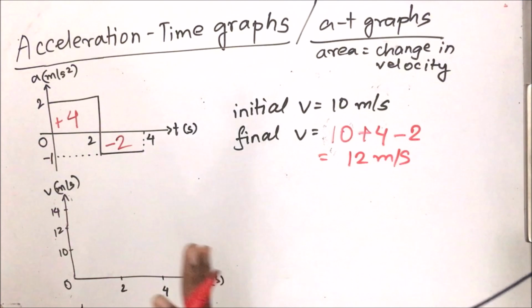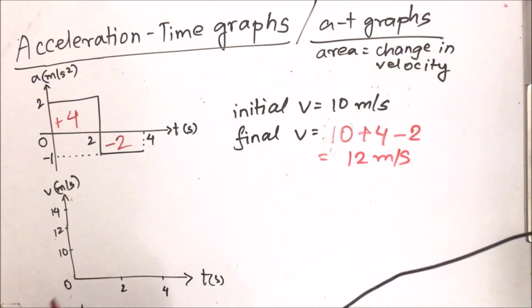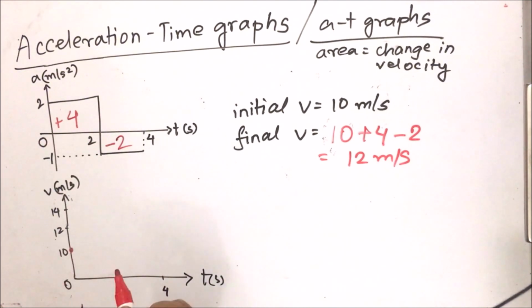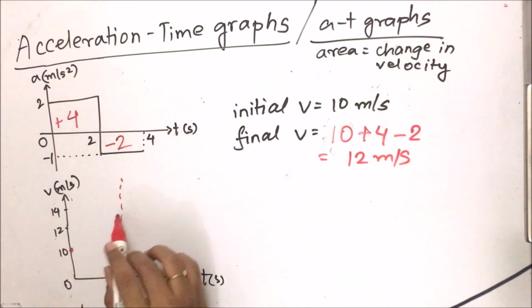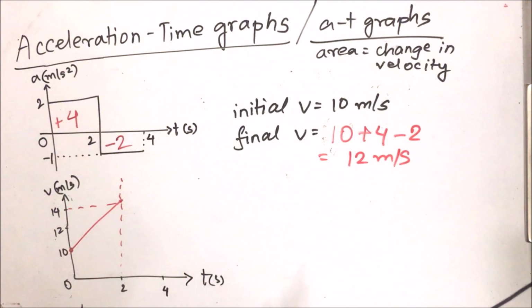Now let us see how to plot or how to sketch the velocity time graph from the acceleration time graph. The question tells us that our initial velocity was 10 meters per second, so we begin here. In the first 2 seconds, the velocity goes from 10 meters per second to 14 meters per second. So this is where our velocity goes, and the acceleration is constant, so the gradient of the velocity time graph is also constant.